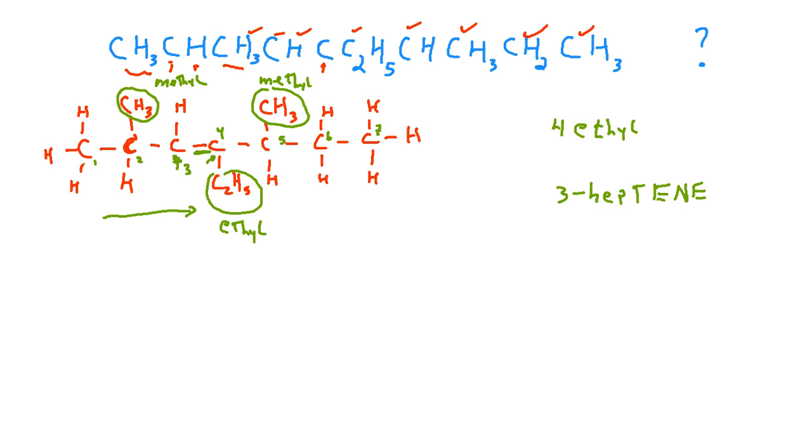And now what do we have? We have a 2,5-dimethyl. And that's a 3-heptene. Okay, so that double bond has to be there because every carbon must make 4 bonds. Carbon must make 4 bonds.